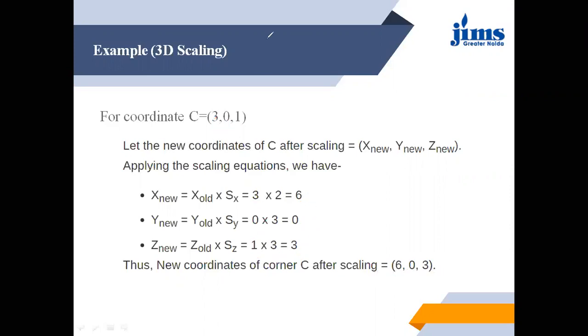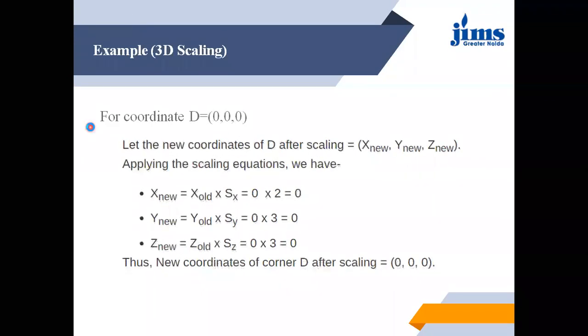Now we will apply the same for point D. The old coordinates of point D are 0, 0, 0, which means D is at the origin.